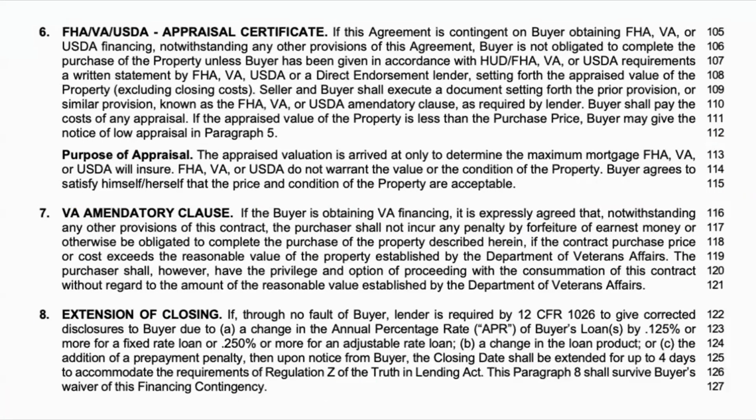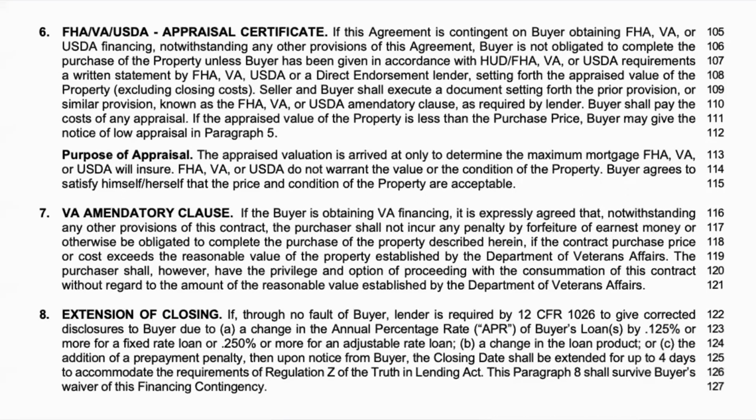Now, we do know that FHA, VA, and USDA all have their own set of rules. And one of those rules is that those lending programs don't require a buyer to purchase a property if it does not appraise. So you will see what they call an amendatory clause.